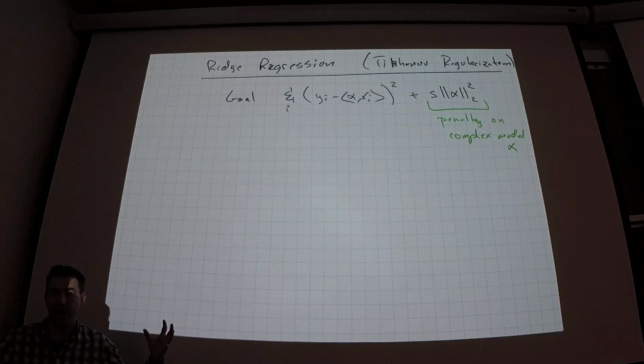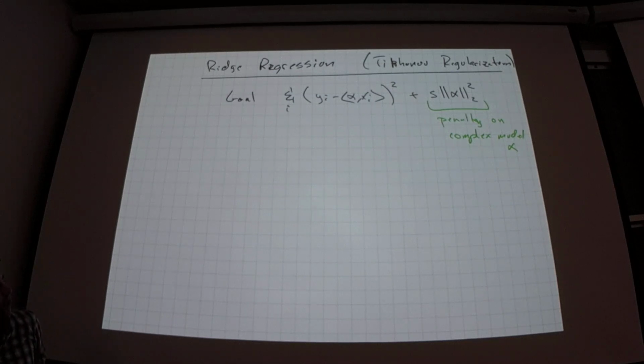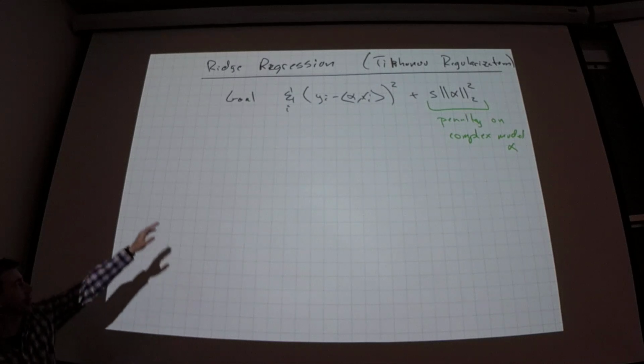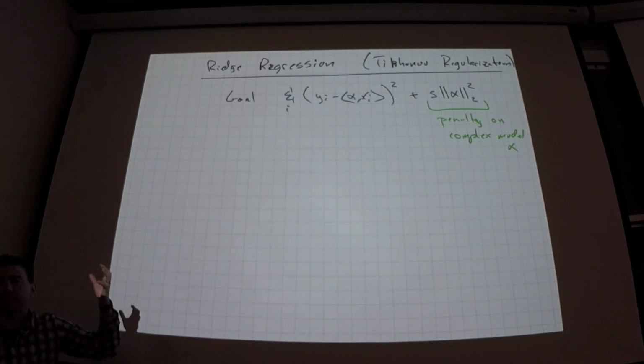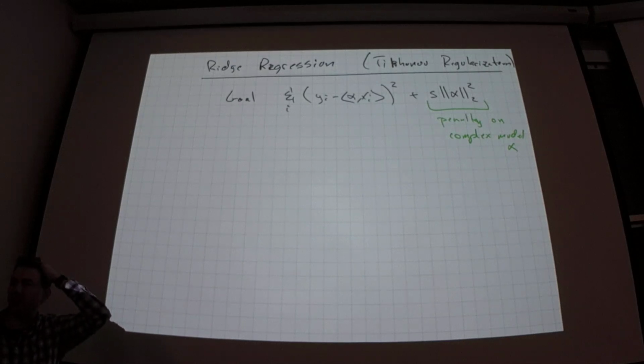So alpha is my model, and this term is large when the coefficients are large. If the coefficients of the model are large, I'll say the model is complex. And so I want to penalize those. So I want to minimize this, and S is some scale parameter that I have to set in some way.